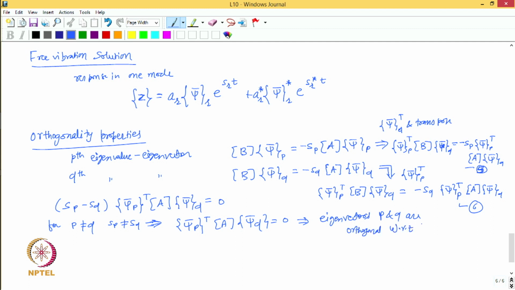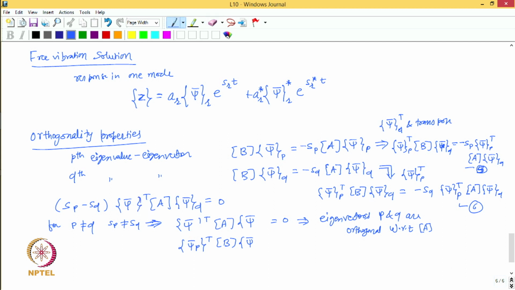And if you substitute this result in, let us say, equation number 4 or 5, then we also get the other property which says that psi bar p transpose B psi bar q is also 0. I think I need to write down the subscript outside. I think here also I have made that error. Let me correct that.